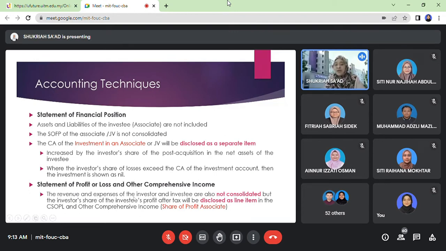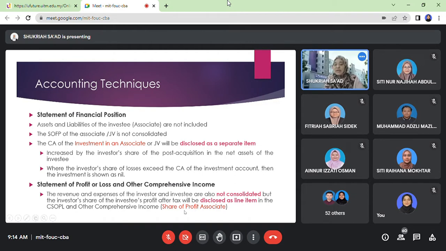Statement of profit or loss and other comprehensive income. The revenue and expenses of the investor and the investee, which is the associate, are also not consolidated. However, the only item that should be incorporated in the statement is the holding's share of the post-profit of the associate, which will be disclosed as a line item in the SOPL.